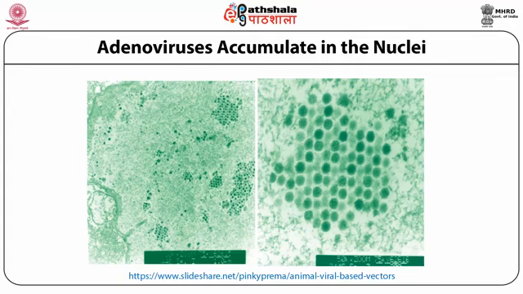So whatever proteins are required by the virus are being generated by the host machinery. This is the hijacking of the host machinery to produce the proteins and other components for development of the virus. So these adenoviruses accumulate in the nuclei, as you see in the picture, accumulation of the viruses.